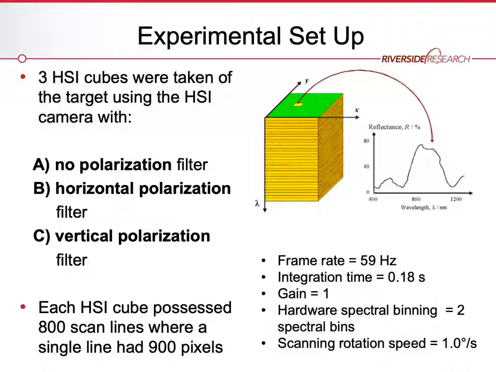For those of you who've never seen HSI data, it's basically an image in X and Y, which is shown on the right, but then you have different spectral bands or wavelengths, which are capturing the spatial information. So you basically have a stack of images with respect to wavelength. And this wavelength spans between 300 and 1050 nanometers.